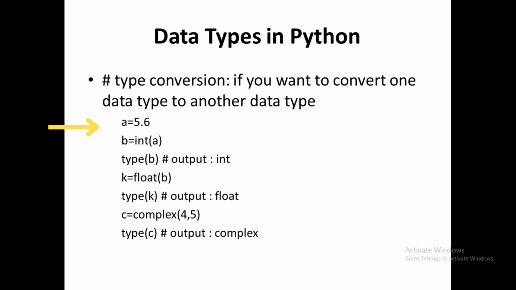And b is equal to int of a, so you are converting a to integer, and type of b will display integer. k is equal to float of b, and type of k will be float. And c is equal to complex of 4 comma 5. Type of c will be complex, since it is a complex number.